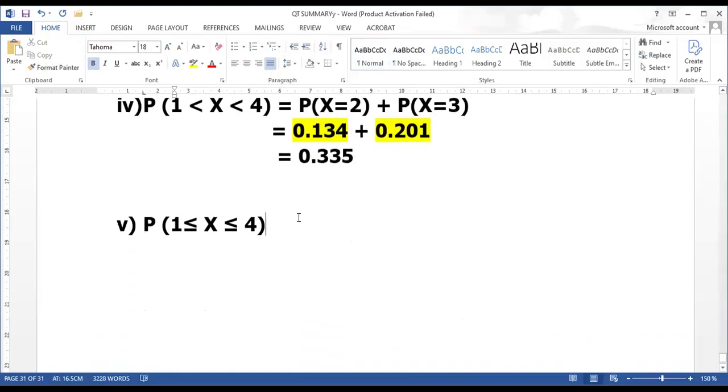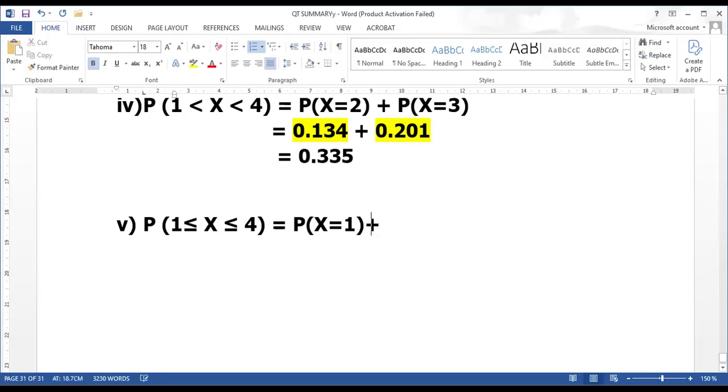Okay. Then here, what do you get? Here you're looking at which values. 1 is inclusive and also 4 is inclusive. So here you will start from the probability of x is equal to 1.